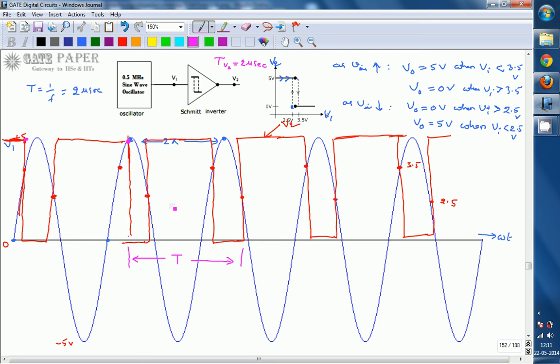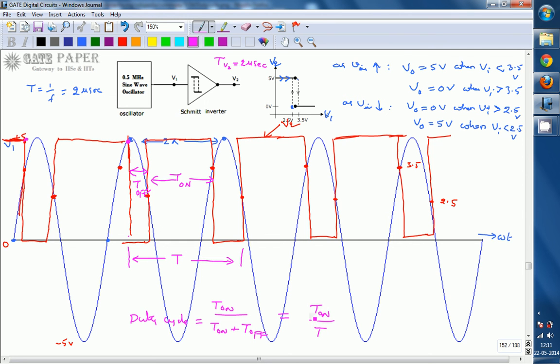Out of this, only this part is the on state, where the waveform is active, and during this portion it is called T off. So duty cycle is defined as T on divided by T on plus T off, that is, T on divided by the complete T.